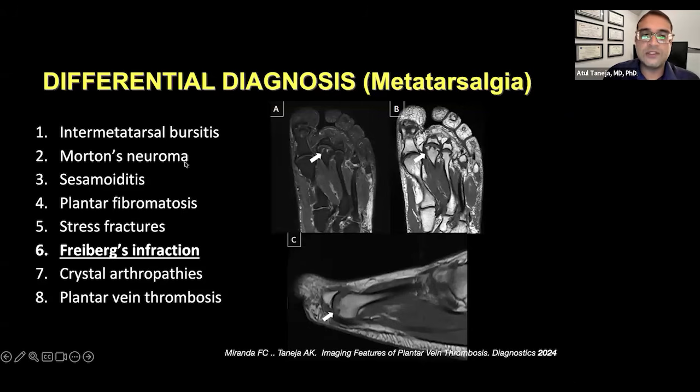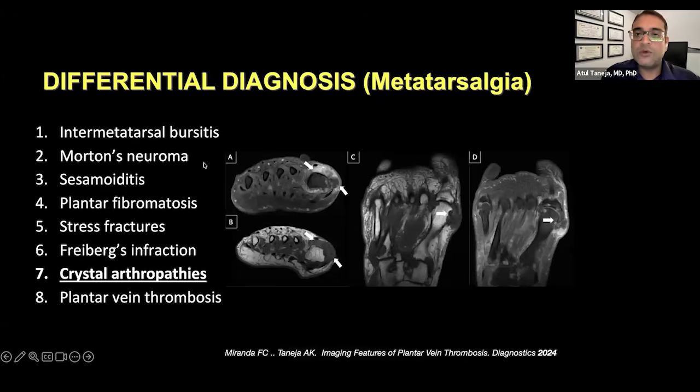So Freiberg's infraction. Crystal arthropathies and microcrystal deposits. In this case, we see classic gout deposits. It can happen in the lesser MTPs as well. And remember, synovitis can lead to degeneration and erosions of the capsule and even the plantar plate.